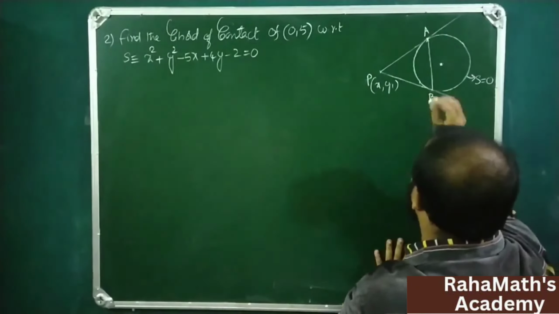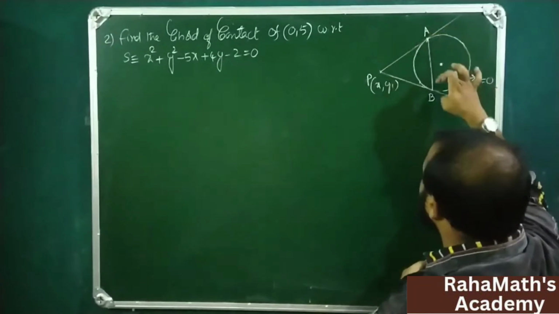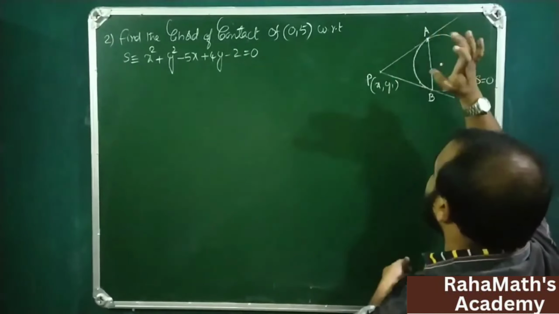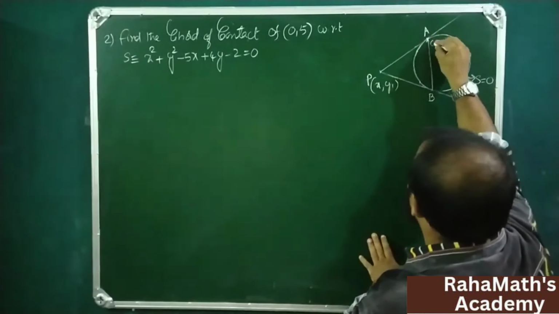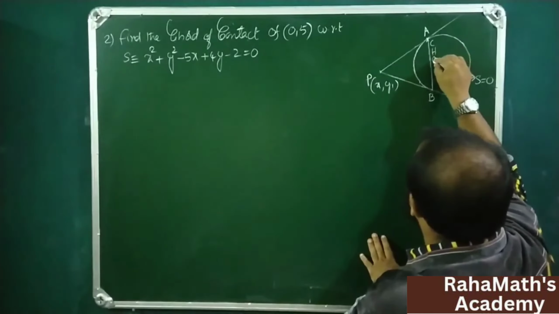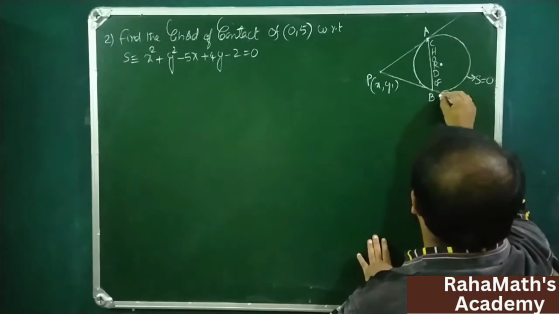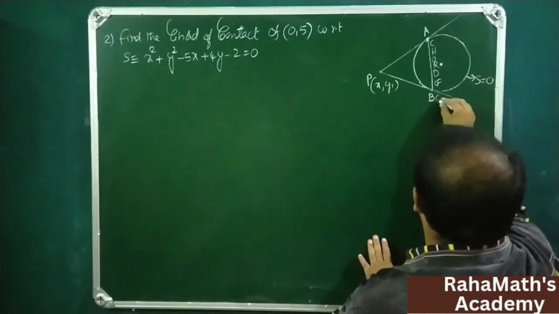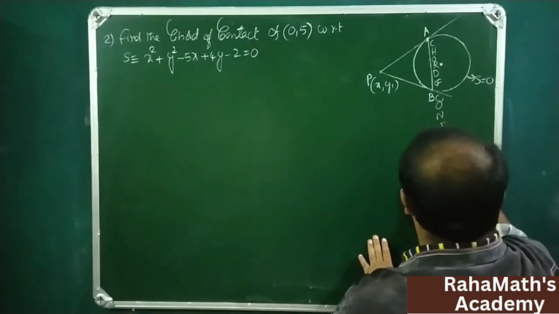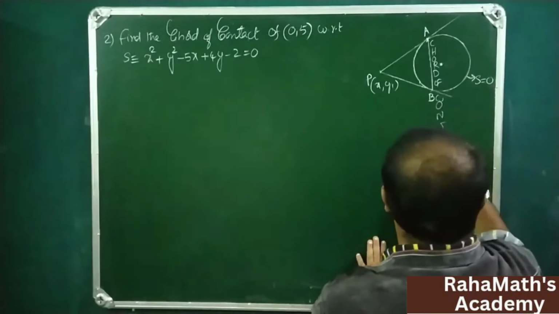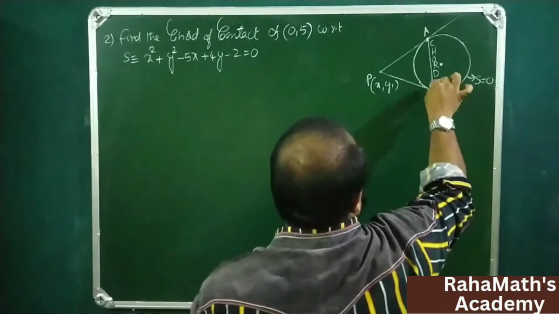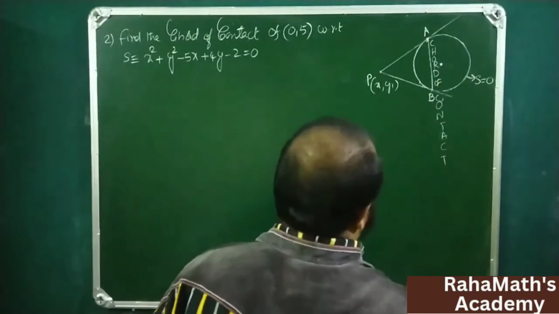Here B is the point of contact. So these two points of contact, if we join, this is called the chord of contact. Okay, so this line is called the chord of contact.